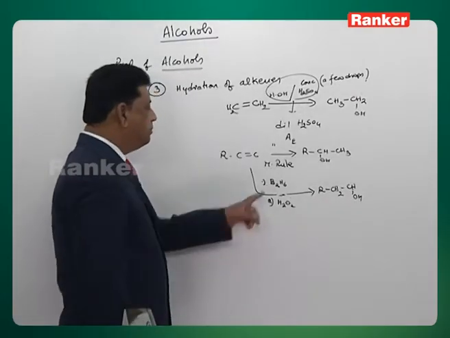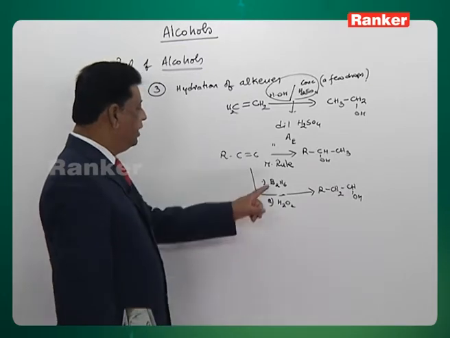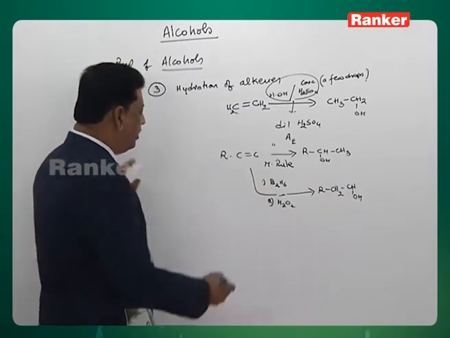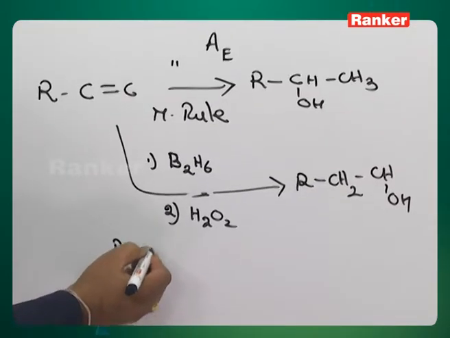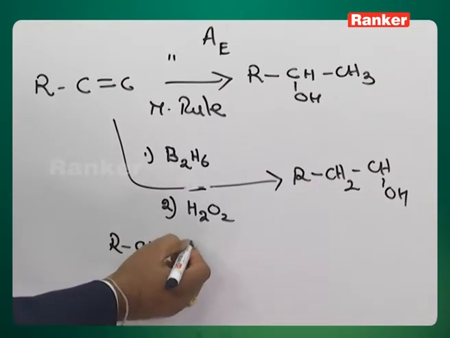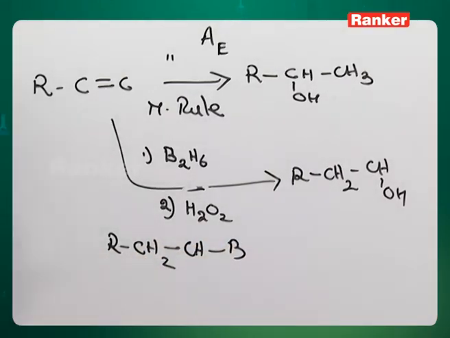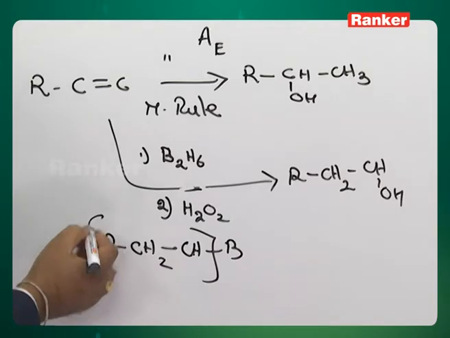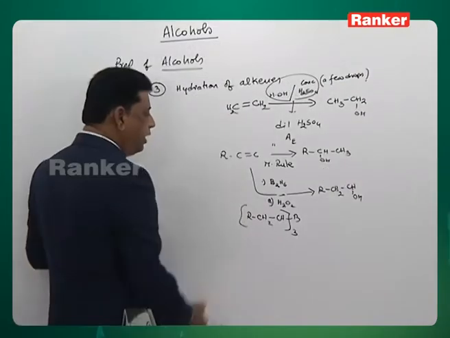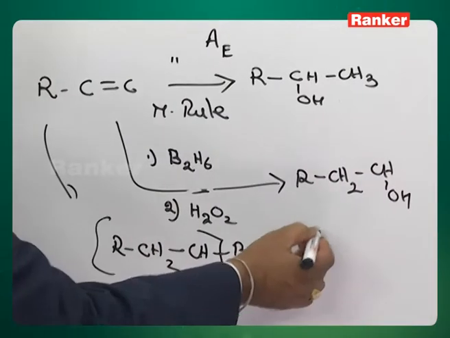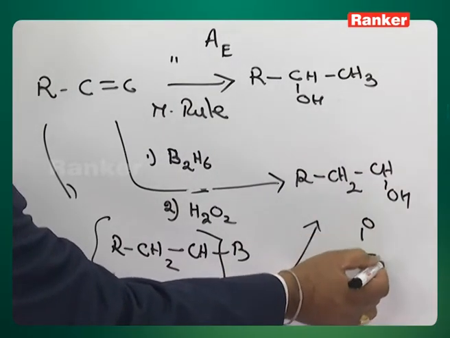Here H minus is added and the B plus is added; the intermediate will be like this, H is added to the center and B is added to the terminal. So, a trialkyl borane comes as an intermediate product, which on reaction with hydrogen peroxide gives 1 degree alcohols.